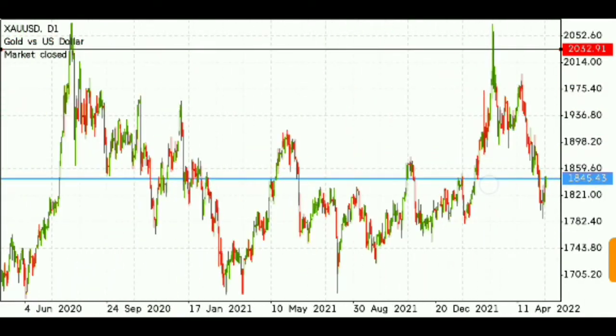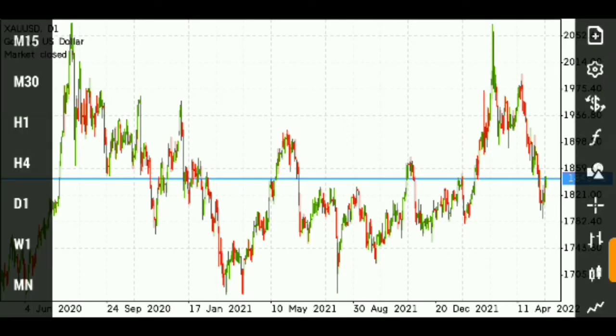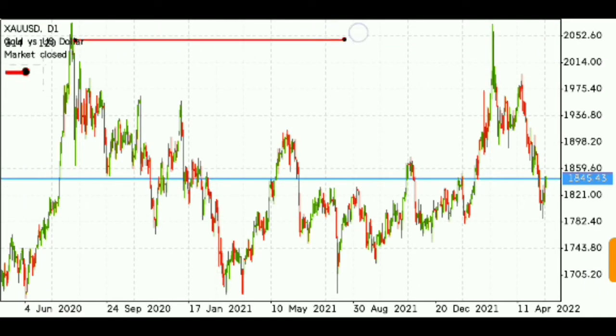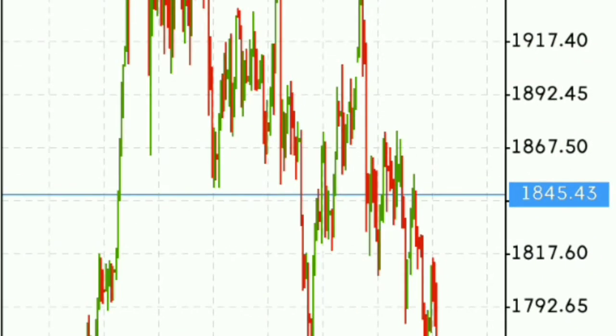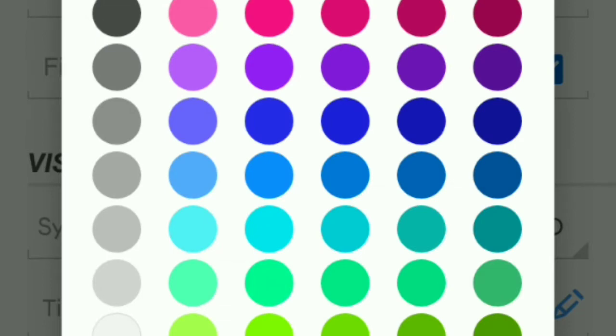Now you can either use this line or you can use this one right here. Sorry, I think I have to set it. You can use this one right here, fill it out.